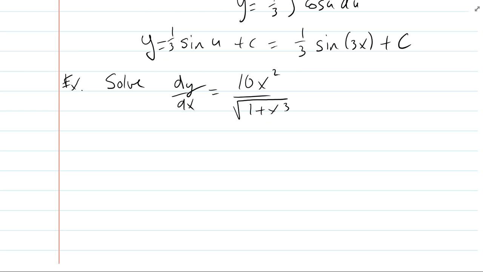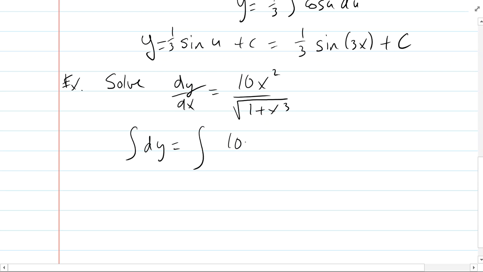If I want to get y, do I need to separate the variables and get all the x's on the right and keep all the y's on the left? There are no other y's other than dy. So when I separate, I'm going to have the integral of dy equals the integral of 10x squared over the square root of 1 plus x cubed.